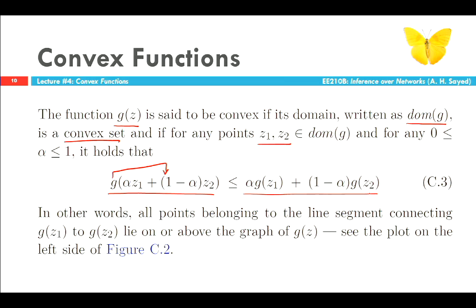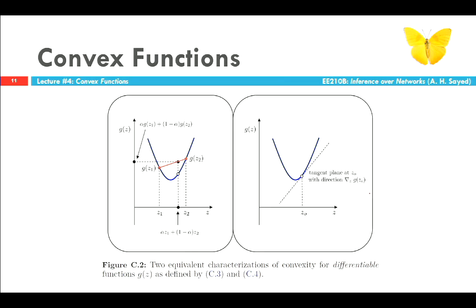Okay, so what this means is the following. Okay, in this figure here, I have a convex function. This blue curve is a convex function. It's a function of the variable z. Let's pick 2 points, z1 and z2. So this is g at z1, and this is g at z2, right? Let's now evaluate g at any point in between, right?